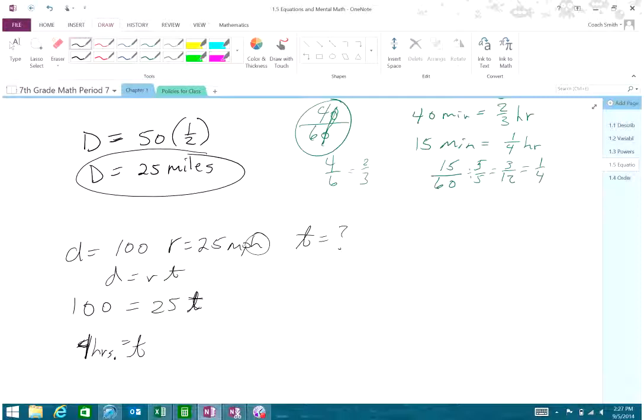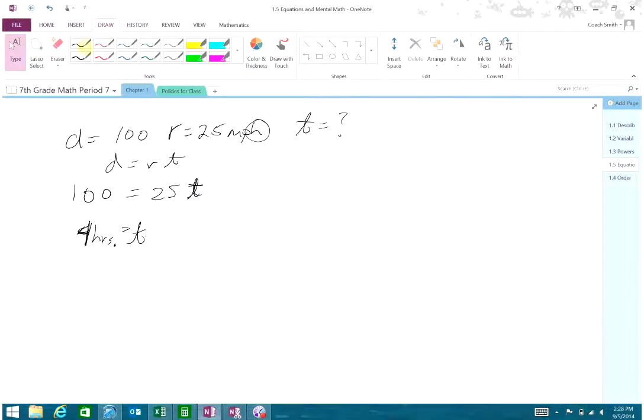It says match the equation with the corresponding question, then solve it. So, number 16 says that right there.